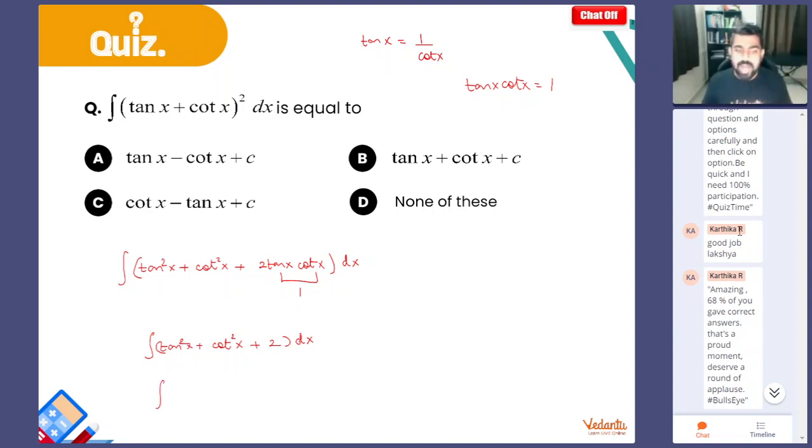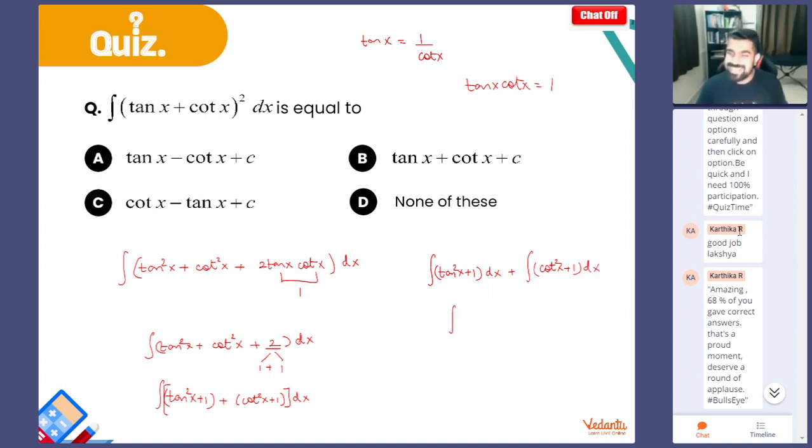Okay. So how do we get option A, sir? So people, if you observe carefully, I will split this 2 as 1 plus 1. I'll give 1 to tan square x. And I'll give 1 to cot square x. Now I'll split it as tan square x plus 1 dx plus cot square x plus 1 dx.